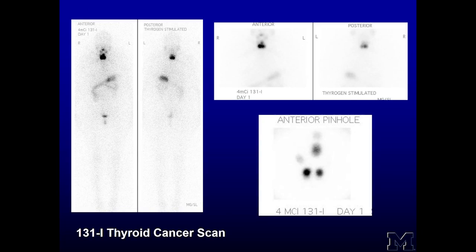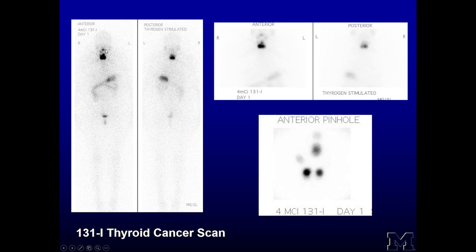Here is an example of a thyroid cancer scan performed with iodine-131 after oral administration of 4 millicurie of sodium iodide, iodine-131 sodium iodide. And as you see, the distribution of iodine throughout the body is very typical.